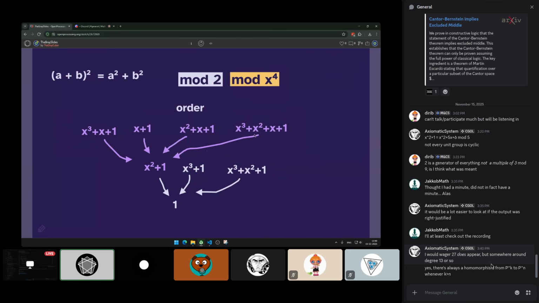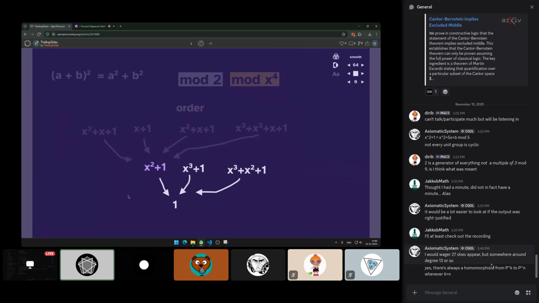If we want to find the actual group structure of this, we could ask the question of how many elements have order at most 2. So in this case, it would be 4? Yes, these 4 have order at most 2.